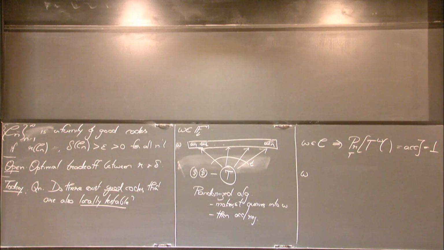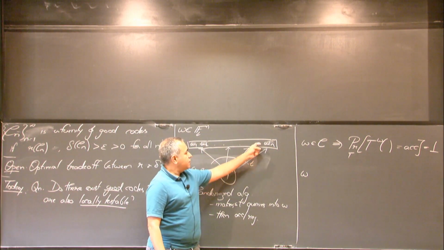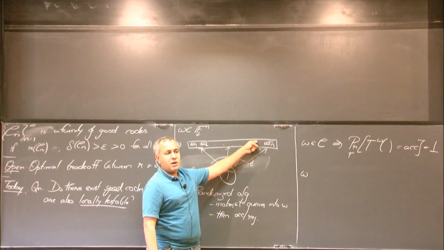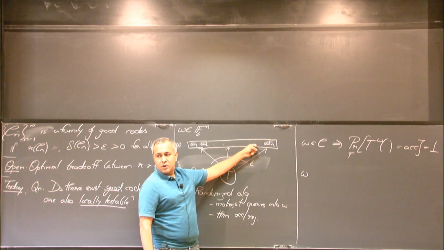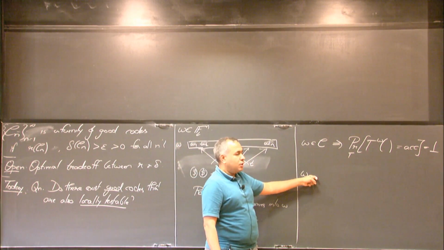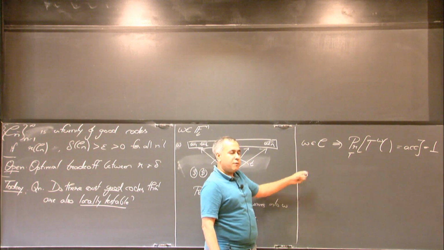But notice that this is too stringent a condition, because suppose T is only making queries at a few locations. If I flip a code word at just one location, you won't be able to tell a valid code word from an invalid one. What we'll instead be able to distinguish is code words from things that are far from being code words.